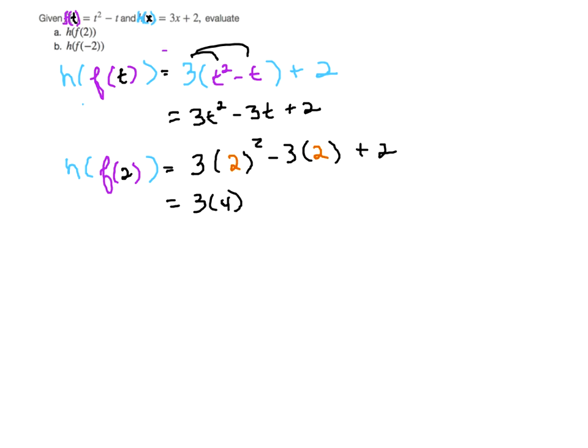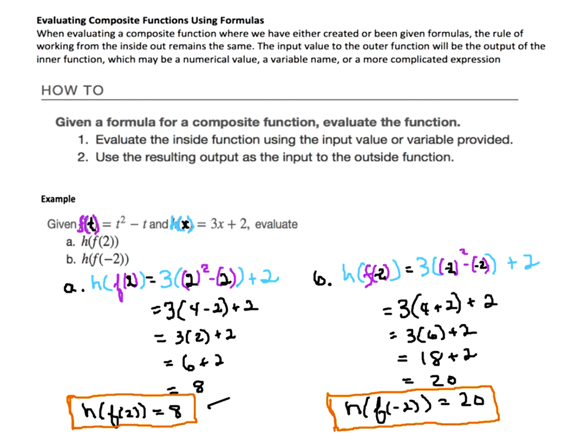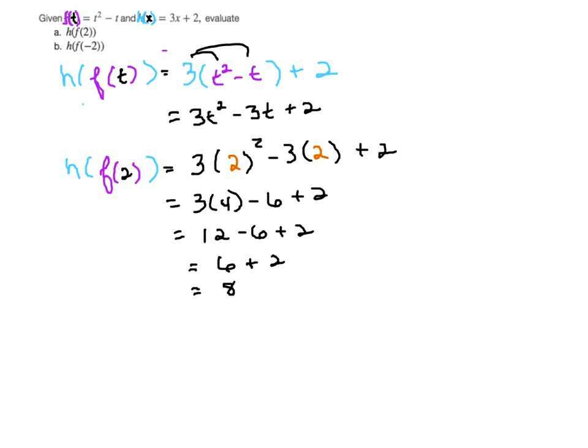So this is 3 times 4 minus 6 plus 2, which is 12 minus 6 plus 2, which is 6 plus 2, which is 8. Now look, same thing you got here, 8. Let's do it for the other one. So h of f of negative 2, we should expect to get 20 using the composed function, 3 times something squared minus 3 times something plus 2. And the something this time is negative 2.